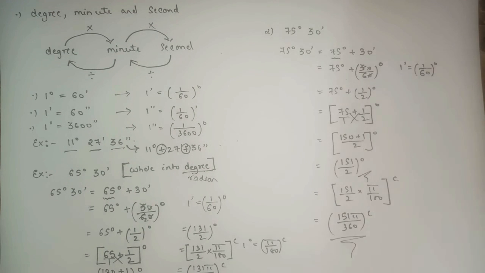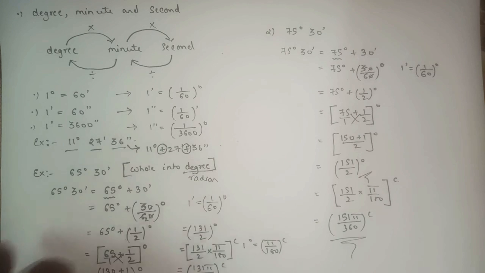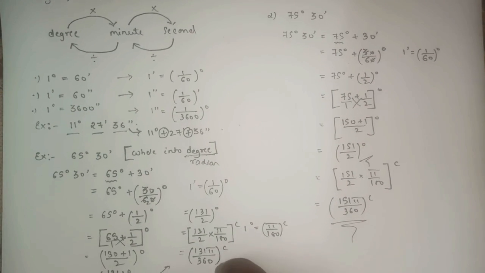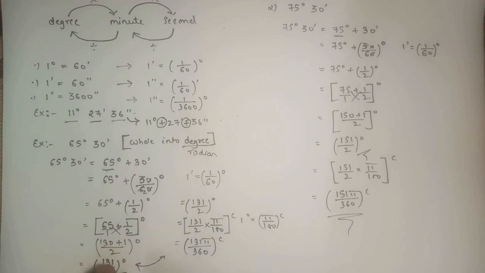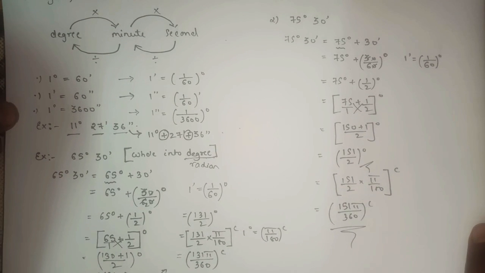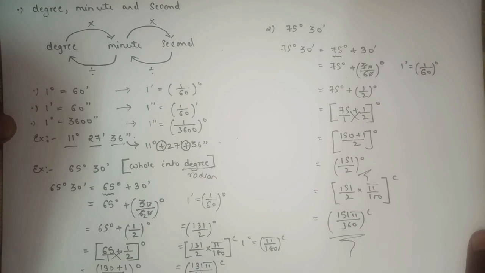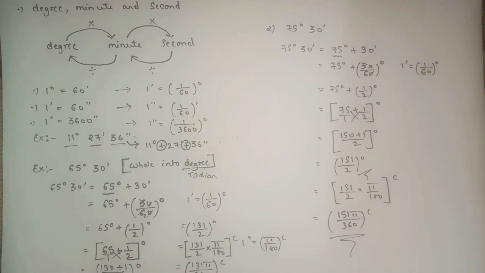I hope you all understood the concept, the relation between degree, minute and second, how to solve, how to convert the whole thing into degree, and after converting into degree, how to convert that degree into radian. Okay, so that is the end of the concept, I can say, about degree, minute and second.